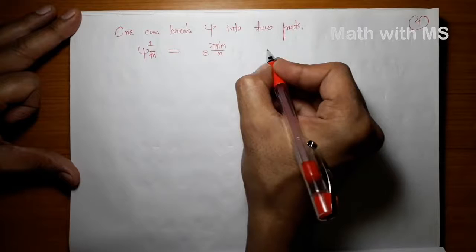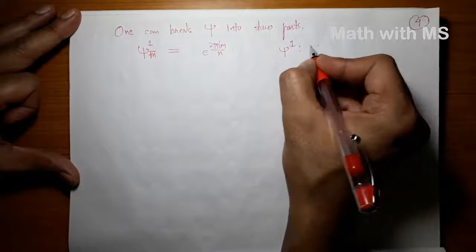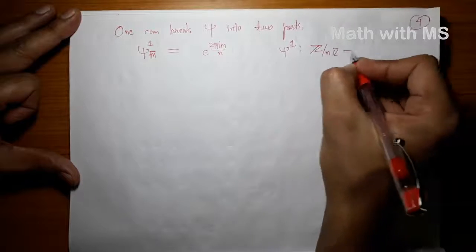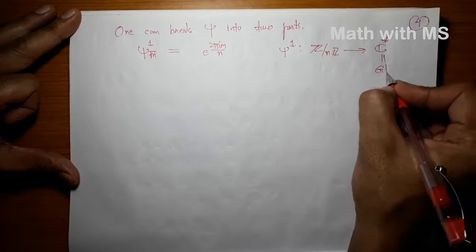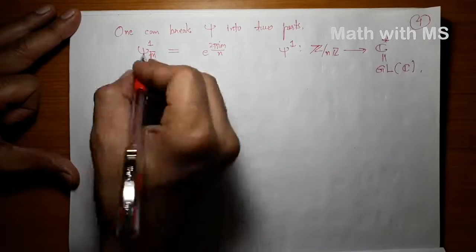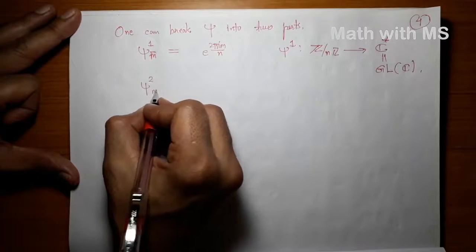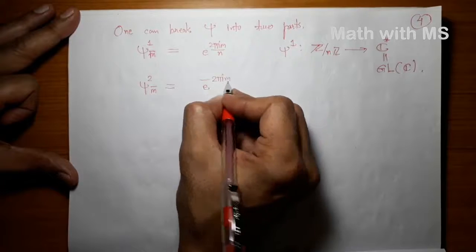So psi 1 is a map from Z mod nZ into C star, which you can view as GL of the one-dimensional complex vector space. And similarly, psi 2 of m bar is e to the power minus 2 pi i m by n.